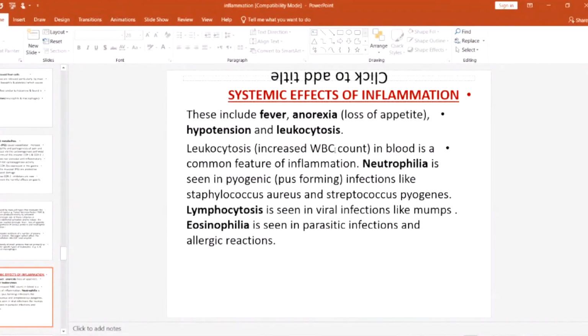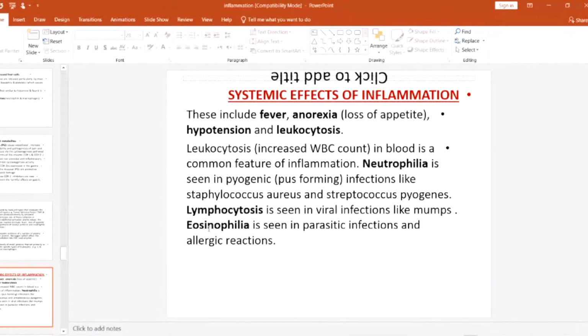Leukocytosis means an increase in white blood cells. Neutrophilia means an increase in neutrophils, mainly in pyogenic, meaning suppurative, infections, like staph or strepto bacteria. Lymphocytosis, as in viral infection, means an increase in lymphocytes. Eosinophilia means an increase in eosinophils, mainly in parasitic and allergic conditions. All these are non-specific, but we have to keep them in mind. Leukocytosis indicates an increase in white blood cells. Neutrophilia, an increase in neutrophils, mainly in pus-forming infection. Lymphocytosis, an increase in lymphocytes in viral infection.